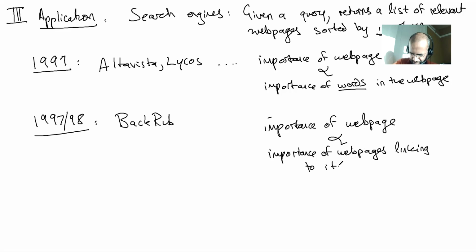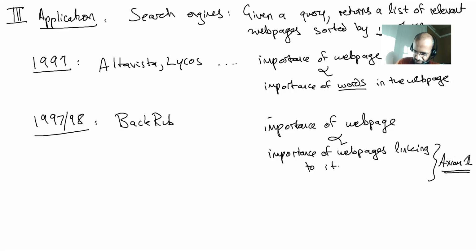Okay, so this sounds circular, right? You're defining importance in terms of itself. You're saying, you are important if other important web pages think you're important. So this is axiom 1 of this Backrub idea.